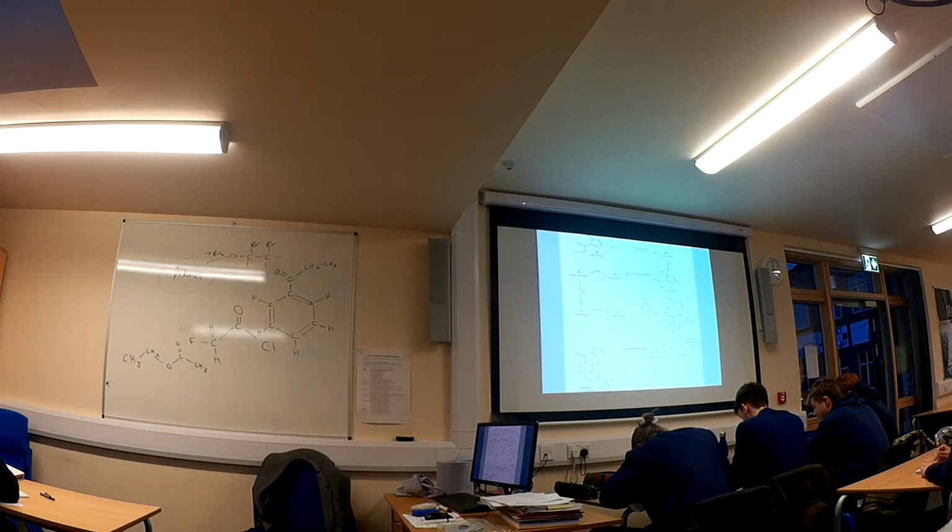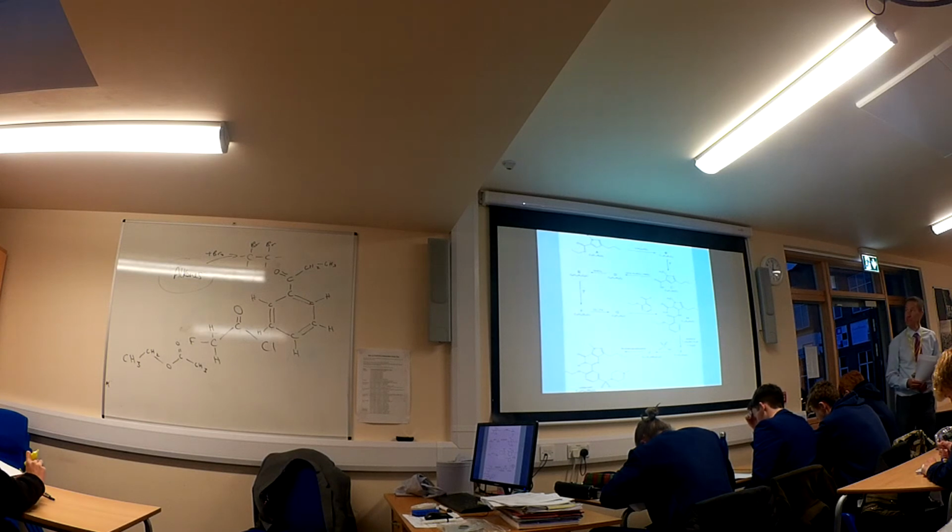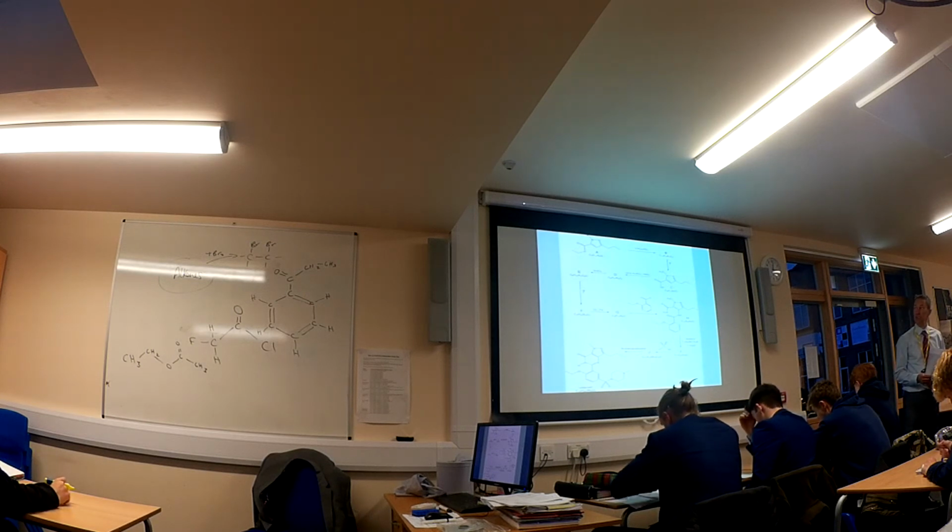Right, has anyone got a suggestion where that extra carbon might go by comparing A with C? There's only two changes between A and C. Two real changes. You look at the structures, the only changes are in two places.